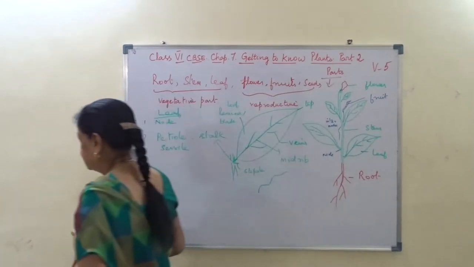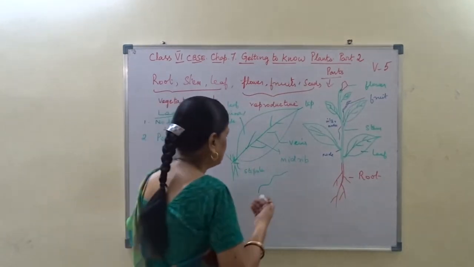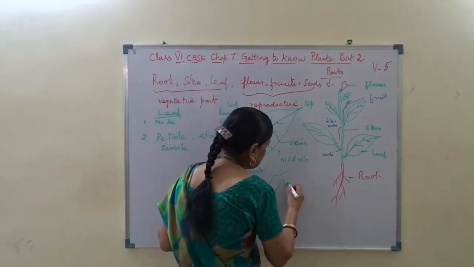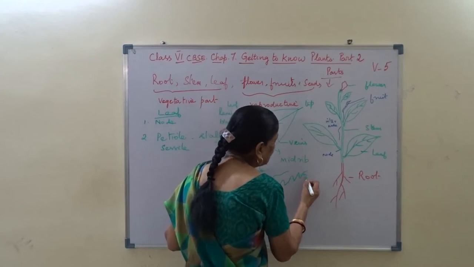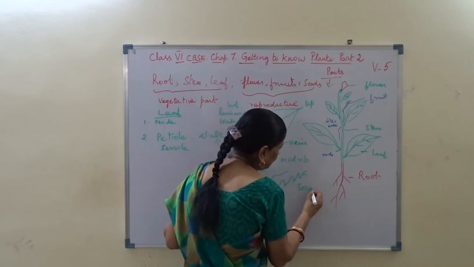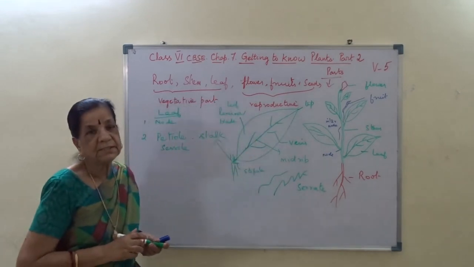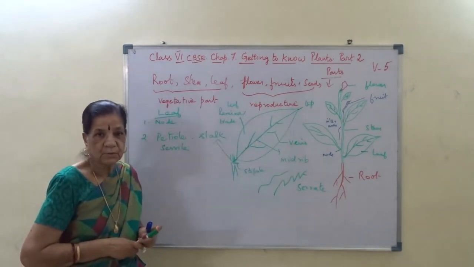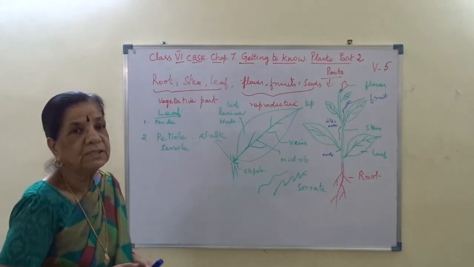Whereas in hibiscus, that is chembati, the leaf margin is like this, pointed. So this is called serrate margin. This is known as serrate margin. I hope you understand. So this is forming the structure of the leaf.